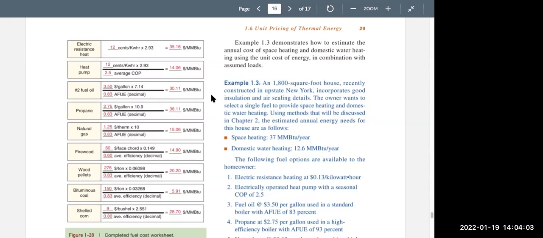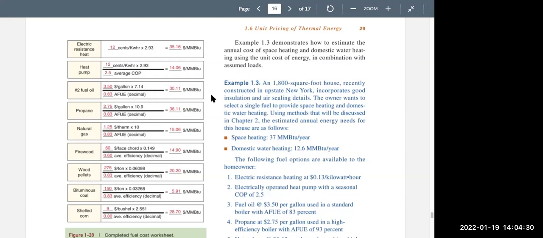$5.91 per million BTU. To make a million BTUs, it costs you $5.91 with coal. With electricity, it costs $35.16 to make.